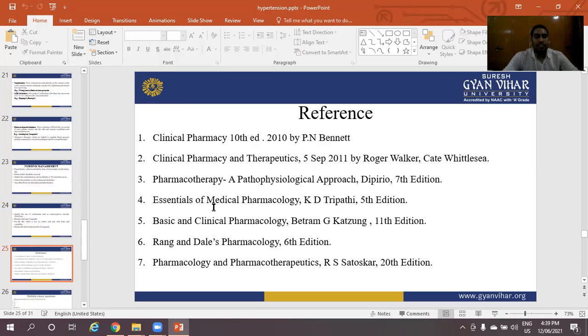Sixth is Rang and Dale's Pharmacology, 6th edition. Seventh is Pharmacology and Pharmacotherapeutics, R.S. Satoskar, 20th edition. These are the reference books for the hypertension chapter.